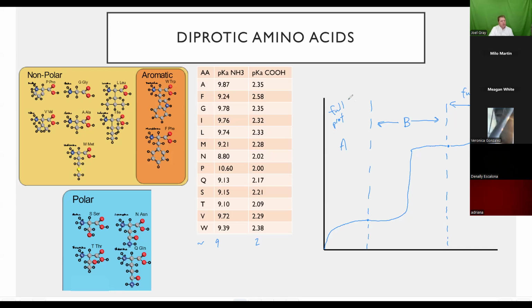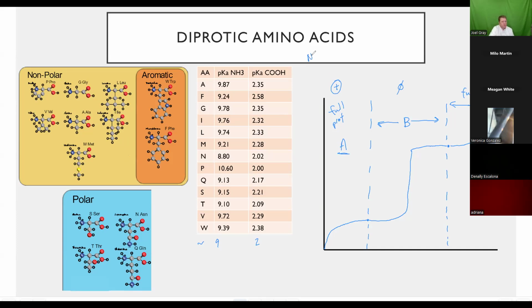Now, the fully protonated forms of all of these diprotic amino acids have a charge of +1. Being able to understand these charges is really important. The predominant form in range B is going to have an overall charge of 0. That's because you have your N termini and your C termini right here, where the N termini is protonated and the C termini is protonated.